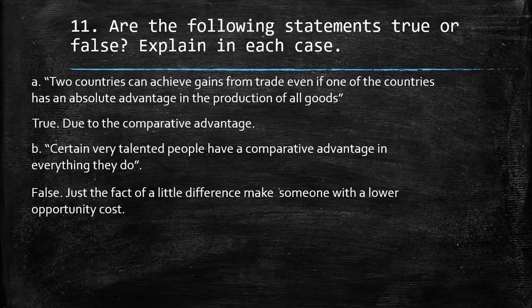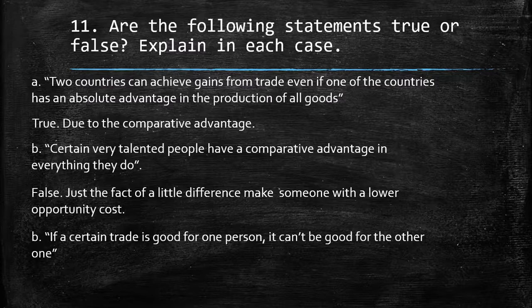As we saw before, there was a professor who was the best at writing and the best at gathering data, but even so he hired someone to find the data, because the opportunity cost of finding the data is so high, since at the same time he can do the other work.